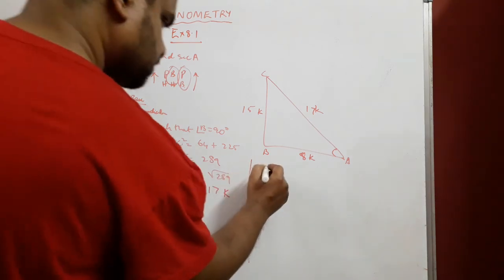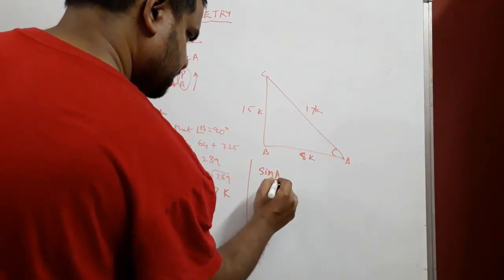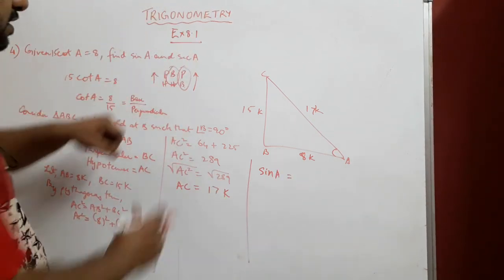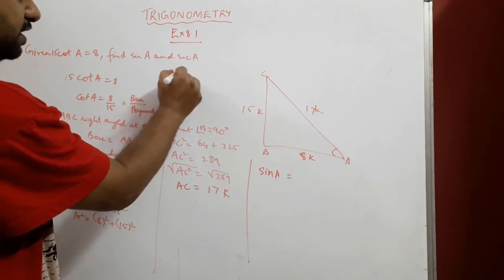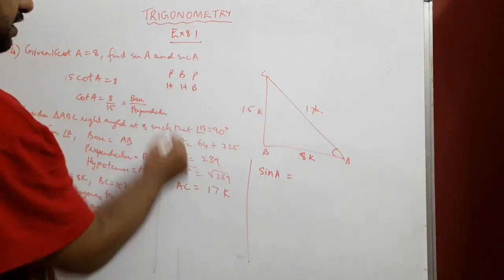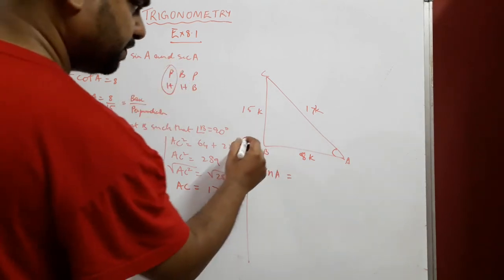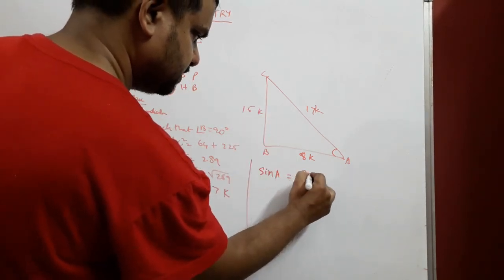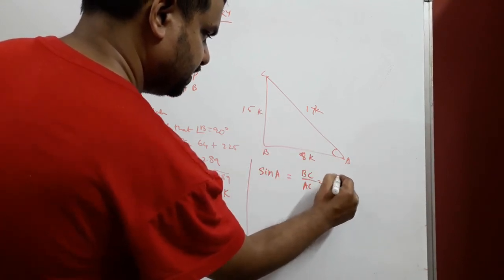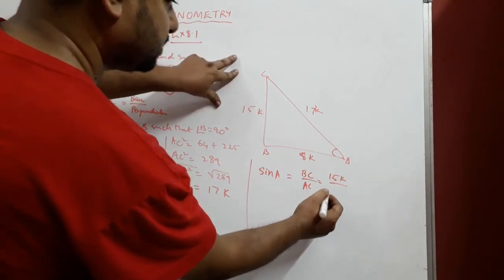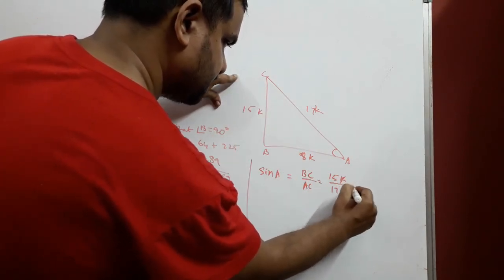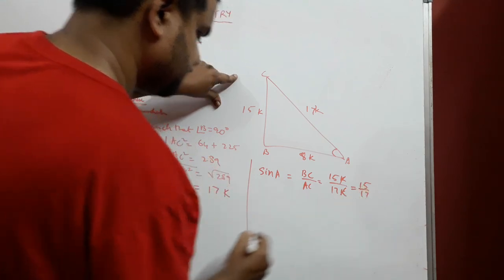Next is to see what is sin A. Sin A is P upon H, perpendicular BC upon hypotenuse AC. BC is 15k and the hypotenuse is 17k. K and k cancel, we get 15 upon 17.